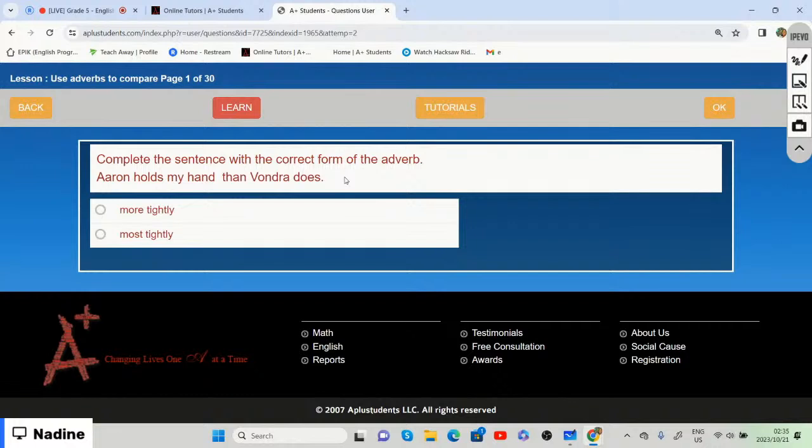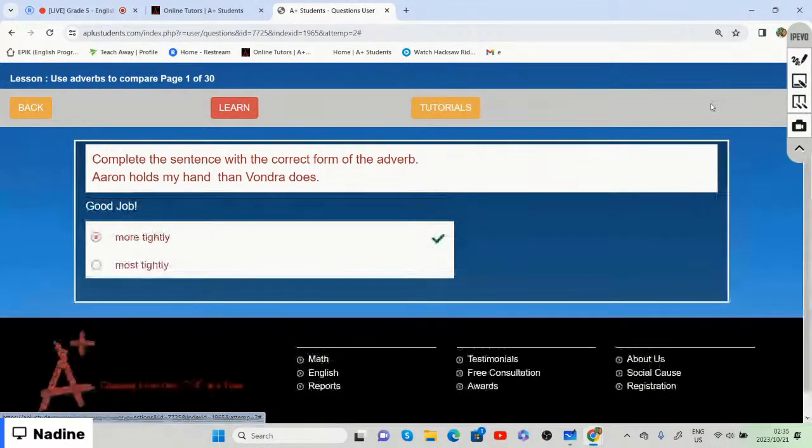So Aaron holds my hand than Veranda does. This is basically comparing one action, right? So we can then say Aaron holds my hand more tightly than Veranda does. So more tightly is correct.